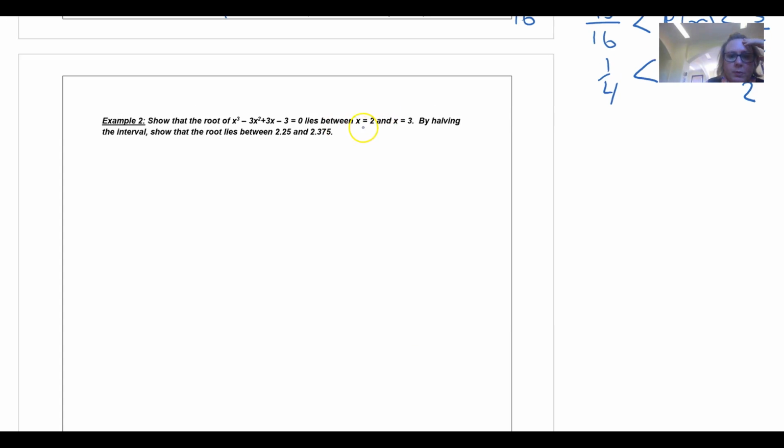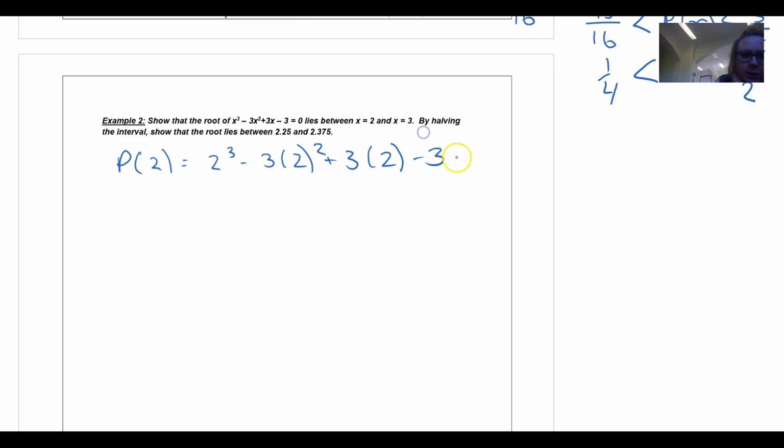Show that there's a root between 2 and 3. Show that it lies between that. So P of 2 is 2 cubed minus 3 times 2 squared plus 3 times 2 minus 3, which is 8 minus 12 minus 4 plus 6 is 2, minus 3 is minus 1.